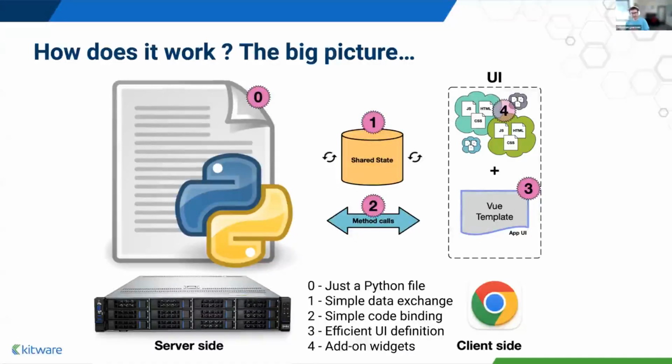And then finally, the Python will have to provide that view template, or the HTML template of what the UI should look like, where you are going to insert your functions that need to be bound to a button click or something like that.